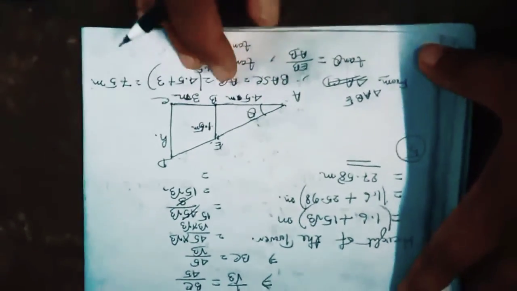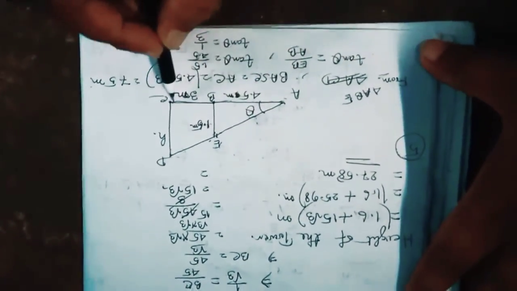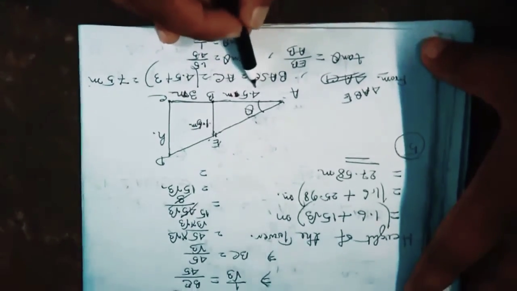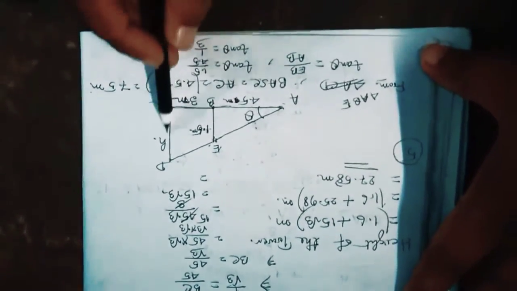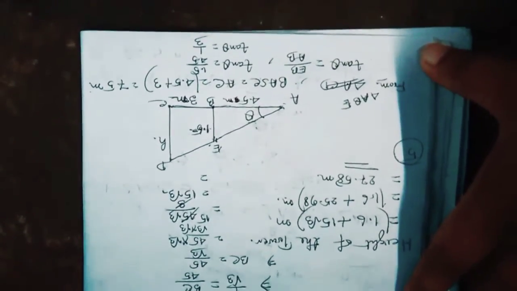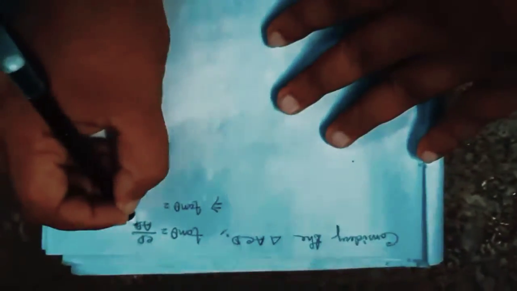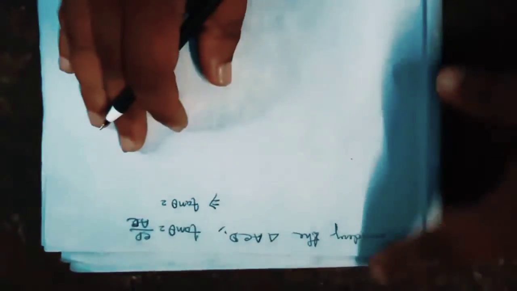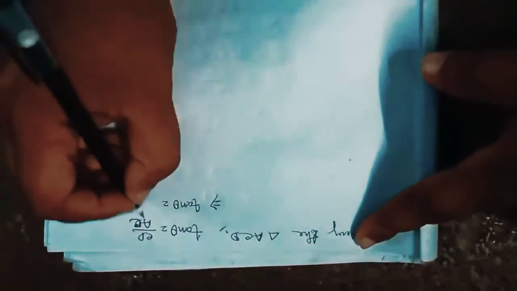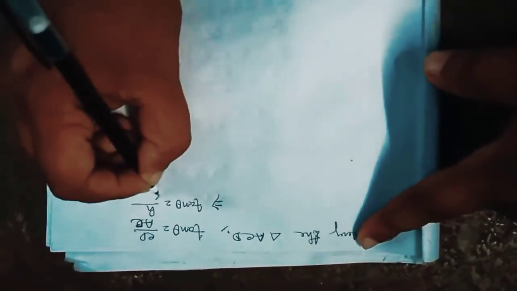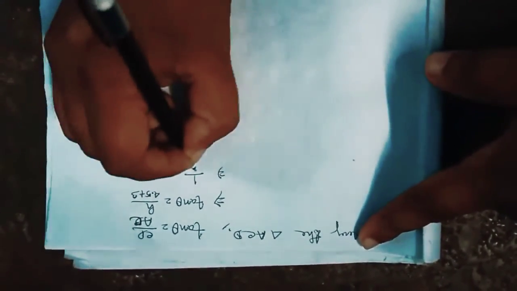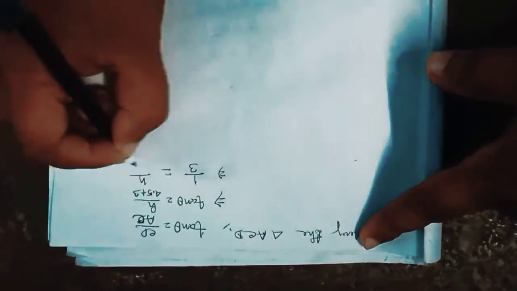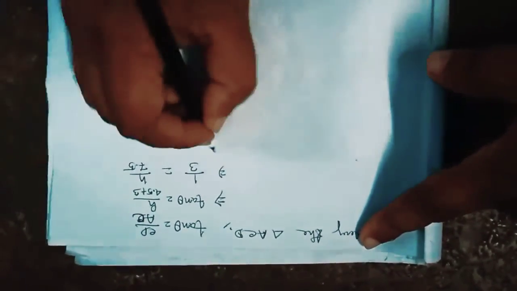From the figure, AC is equal to 4.5 meter plus 3 meter, and CD is equal to h. The value of tan theta is 1 by 3, which is equal to h by 7.5.